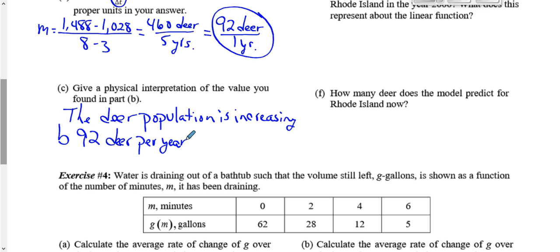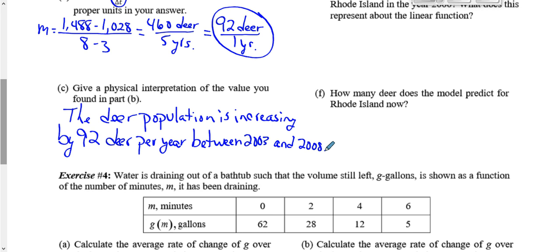Now, this is important, especially when you're collecting real-life data. This rate of change of 92 is only from between the years 2003 and 2008. Deer per year between, this is important, 2003 and 2008.